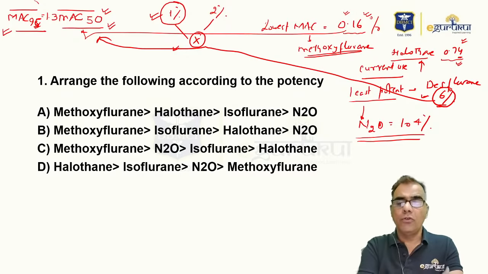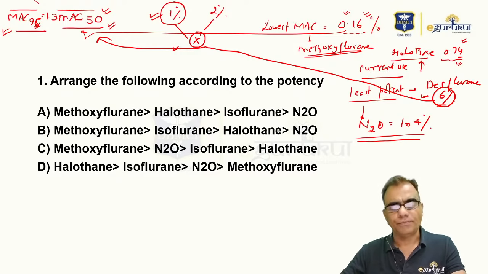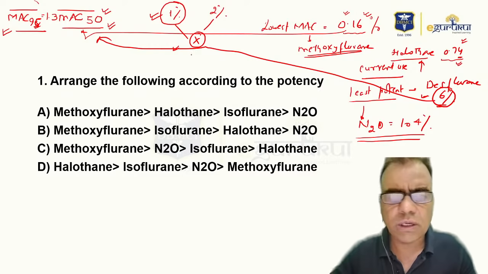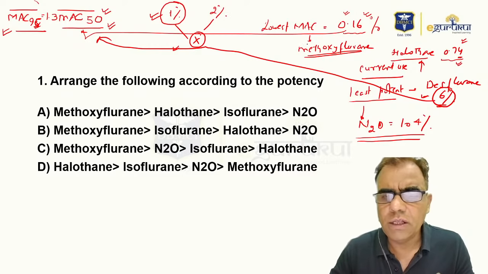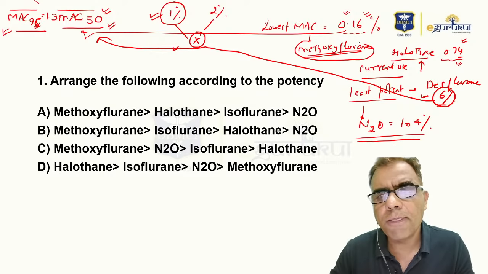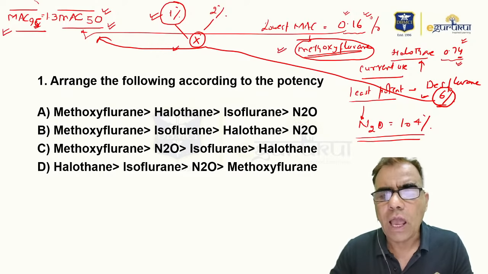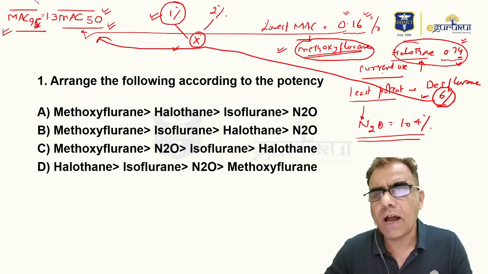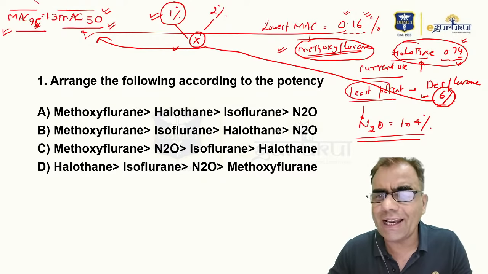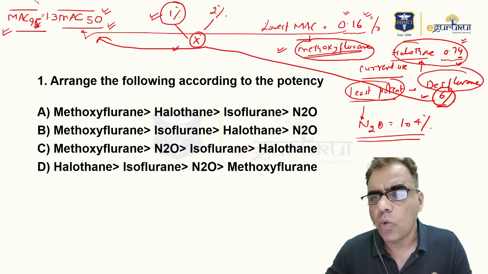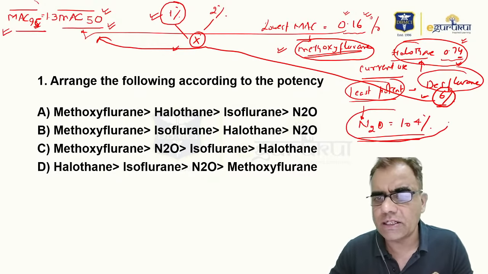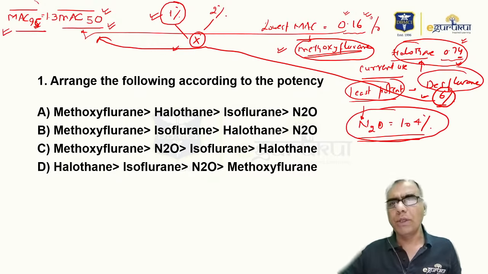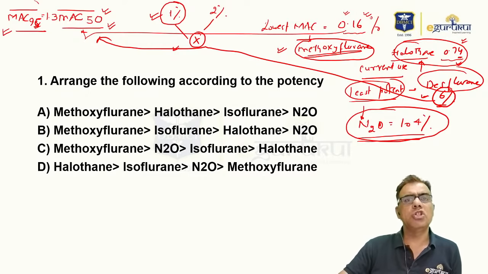That is why we use nitrous oxide along with one of our inhalation agents. So simply remember: the most potent overall is methoxyflurane. Among agents of common use, the most potent is halothane, and the least potent volatile agent is desflurane, while overall the least potent inhalation agent is nitrous oxide.